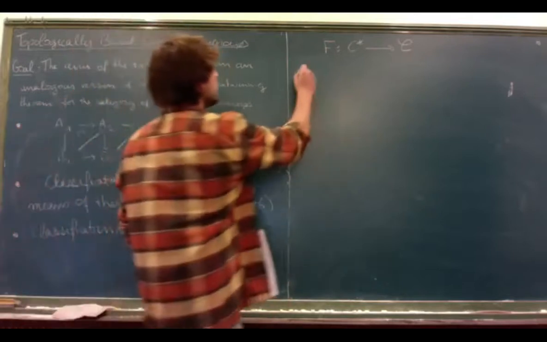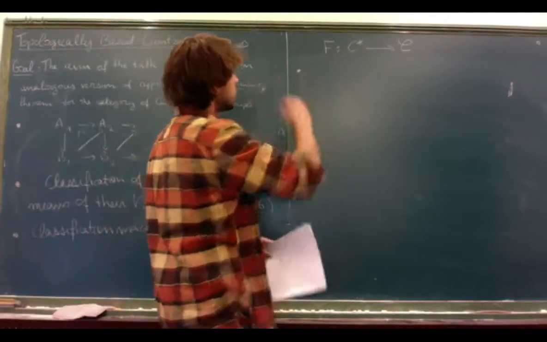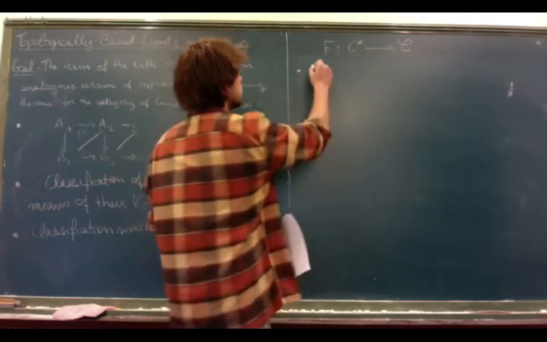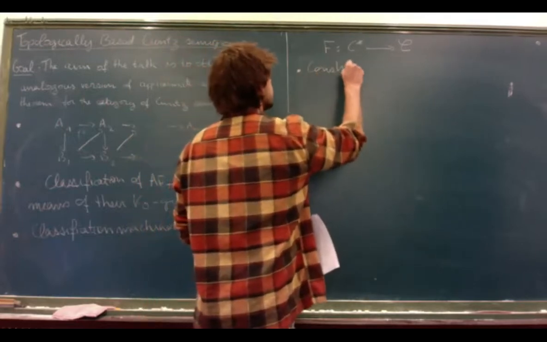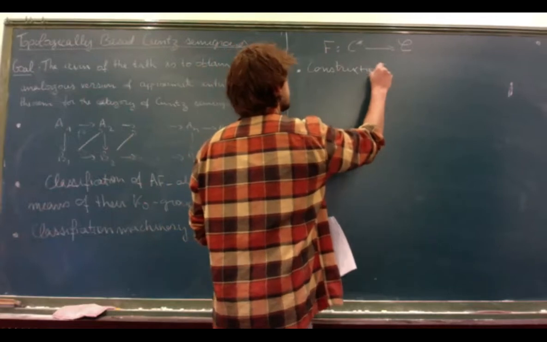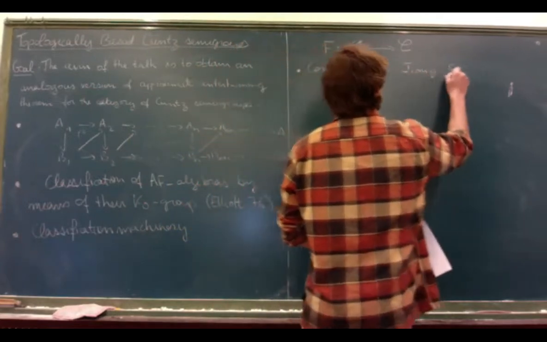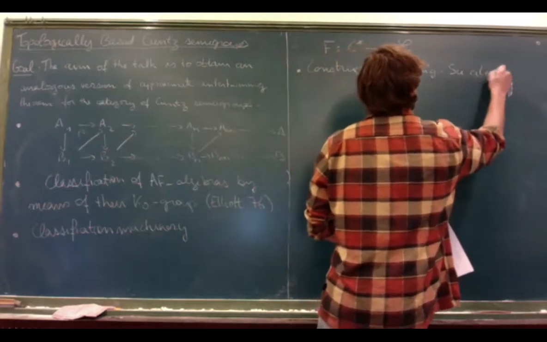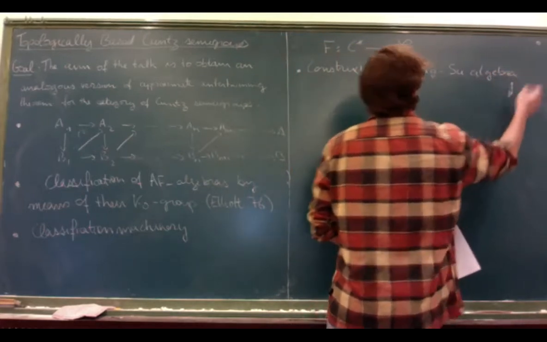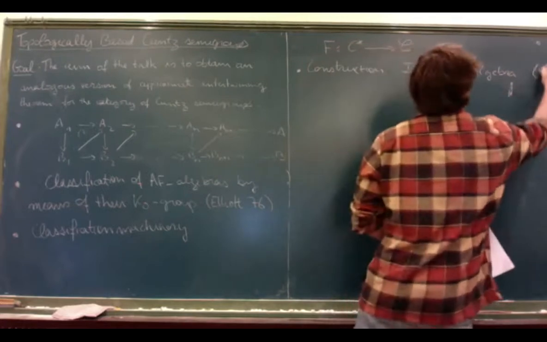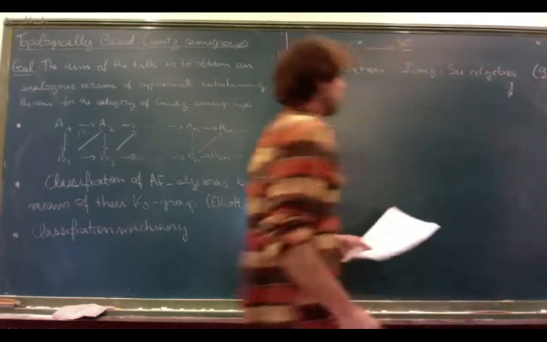And lastly, these approximate intertwinings were used in the construction of the Jiang-Su algebra, the original construction, by Jiang and Su in 99.